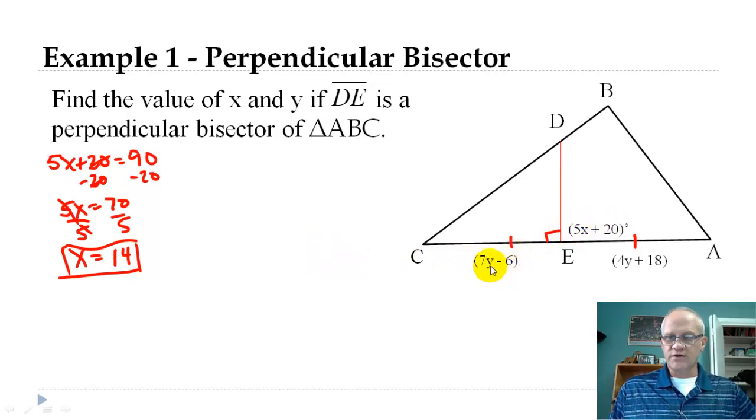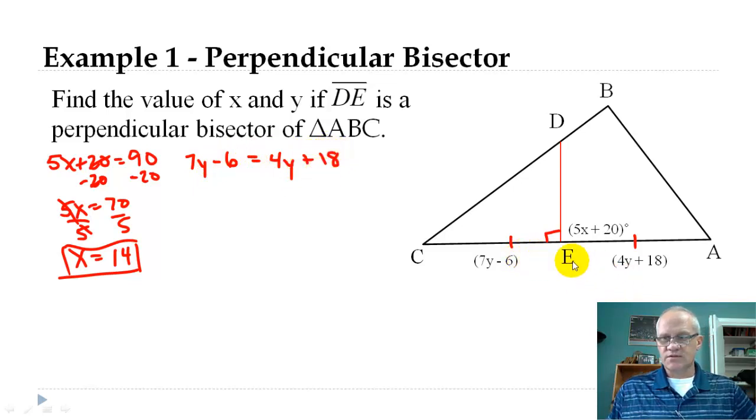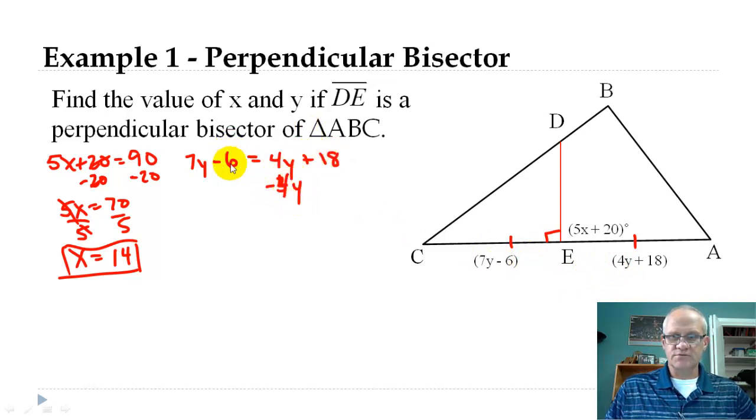What else do we have? To find y, you notice we've got some lengths down here, and we marked these as being congruent to each other because of the bisector. So our other equation for the y's will be 7y minus 6 equals 4y plus 18. These two have to equal each other. Then we just solve that. Minus 4y, plus 6.